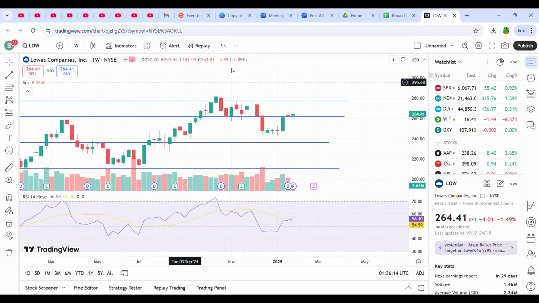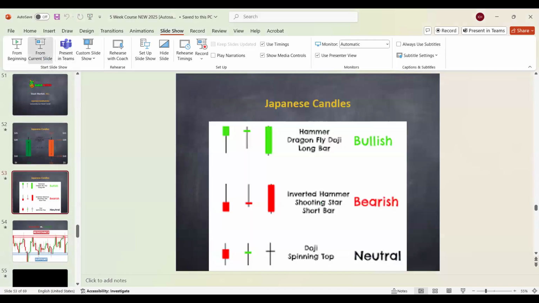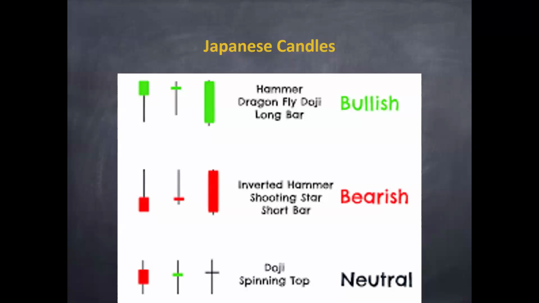Yeah, that was like the second slide. I'll go back and show it to you, just to give you a quick refresher. Oh, shooting star. I'm sorry. It's also called a tombstone, but yes, shooting star.